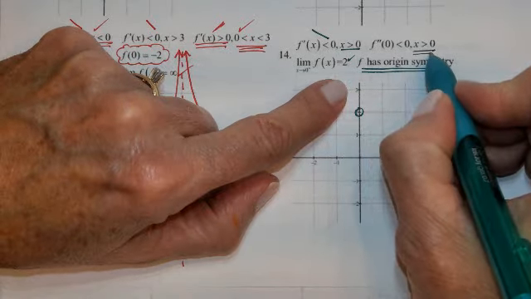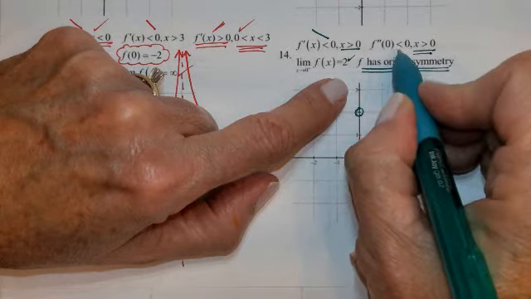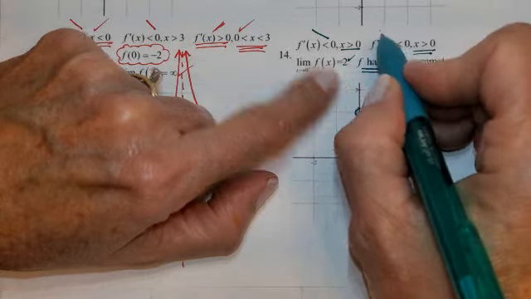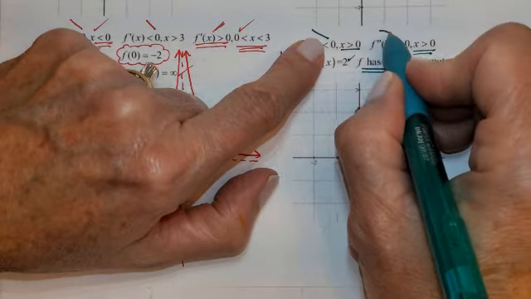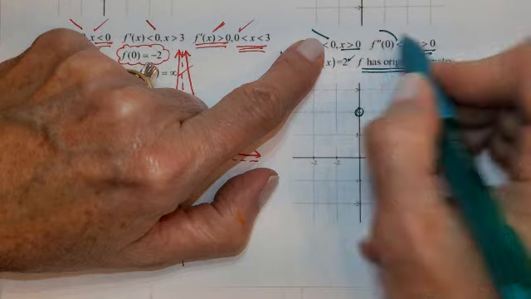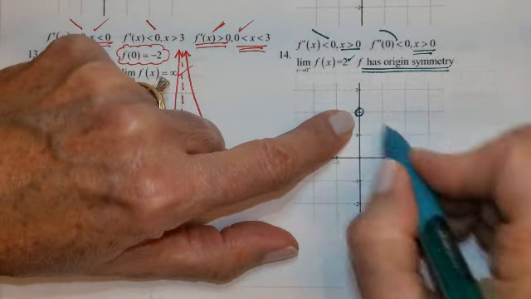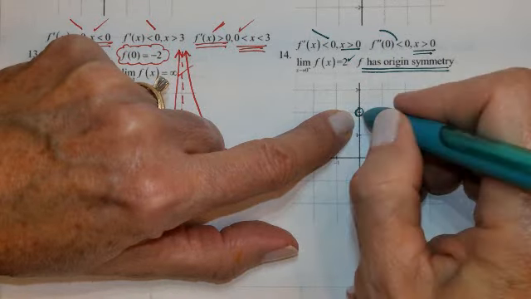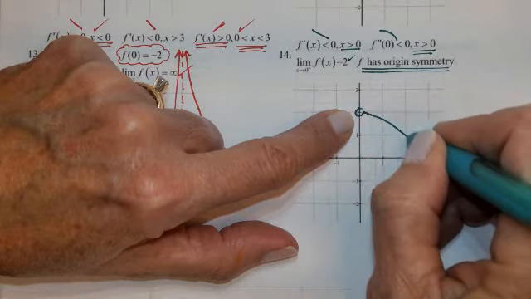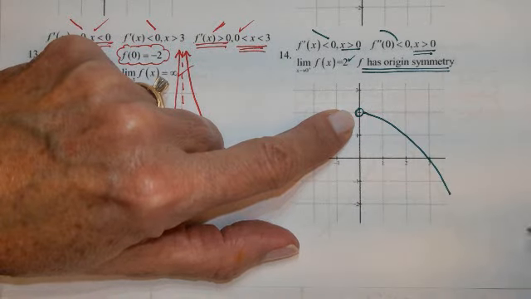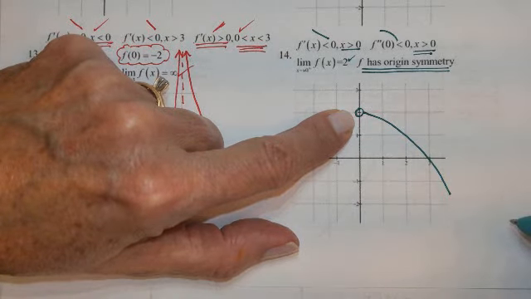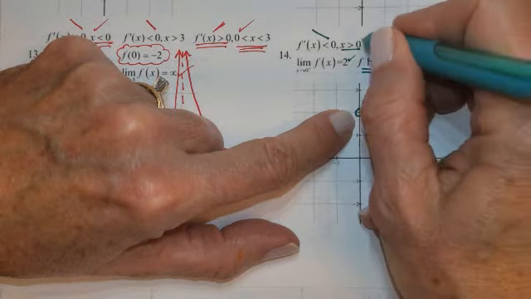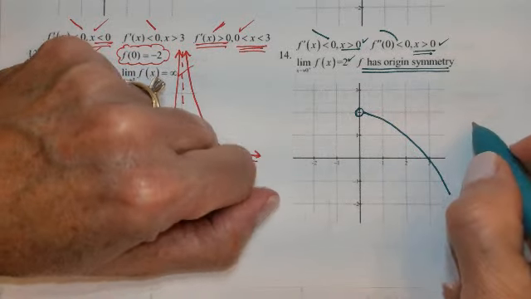Also, when x is positive, the second derivative is negative. So we're decreasing and concave down. So decreasing and concave down maybe looks something like that. Okay? Now, I've check-marked everything except for the origin symmetry.